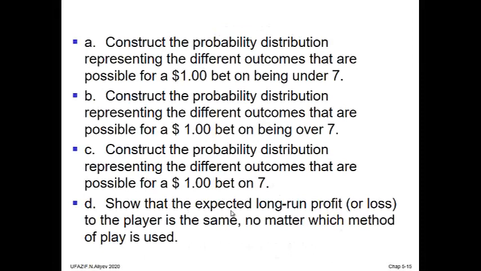Now let's show that the long run profit or loss doesn't matter which play is used. For this reason, we will calculate the expected value for all 3 distributions and show that they are equal.